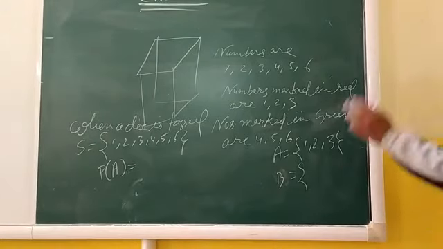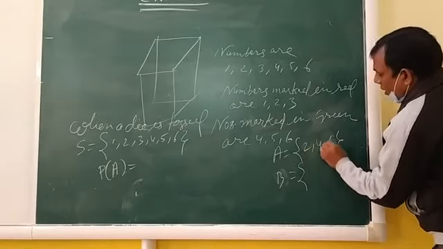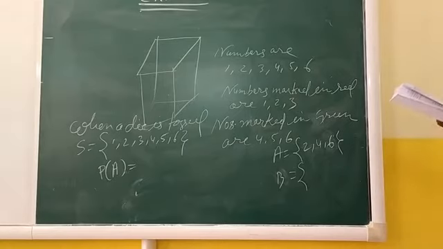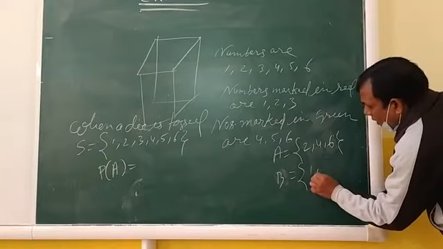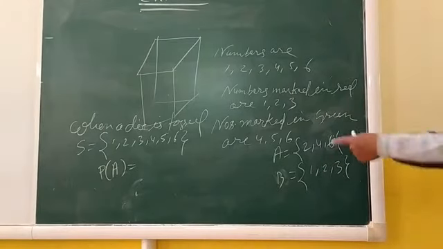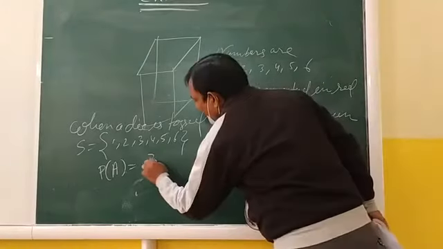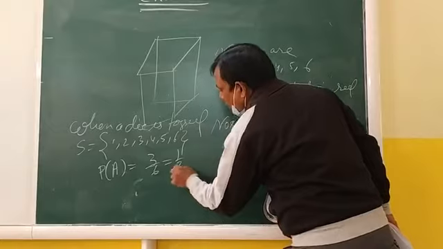The number is even, right? Yes. It will be 2, 4, 6. And the event B is what? The number is red. The red numbers are 1, 2, 3. Okay. So what will be P(A)? 3 by 6. That is 1 by 2.